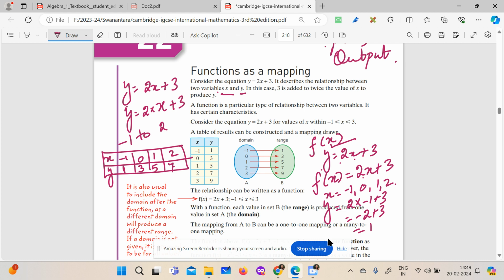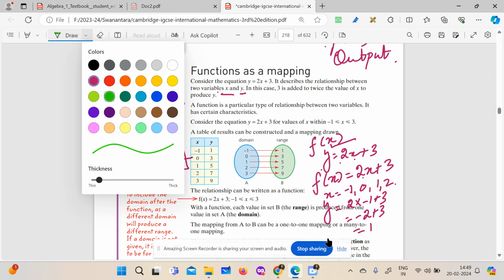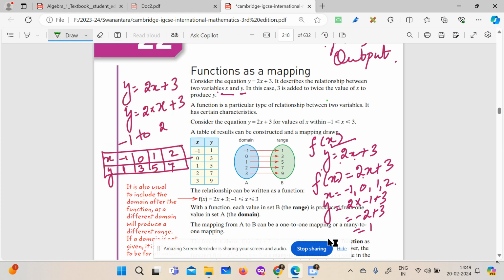Yes, Miss. Now you can see here I have given some values of x, that is minus 1, 0, 1, 2. These values which we are inputting are called the domain. And when we get the values of y, those are called the range.